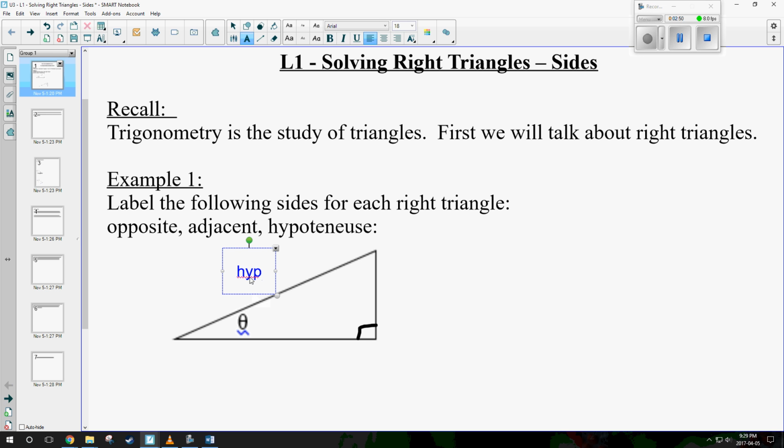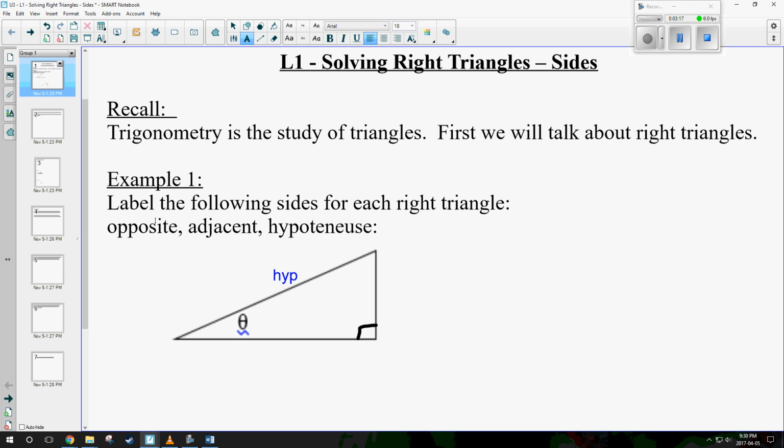And our short form for hypotenuse that we can use in our labels is just HYP. So this side along here is the hypotenuse, and again, we know it's the hypotenuse because it's directly across the 90-degree angle. The other way that we can tell it's the hypotenuse is that it's always the longest side of our triangle, and the longest side of the triangle is always the one that's across from the 90-degree angle.